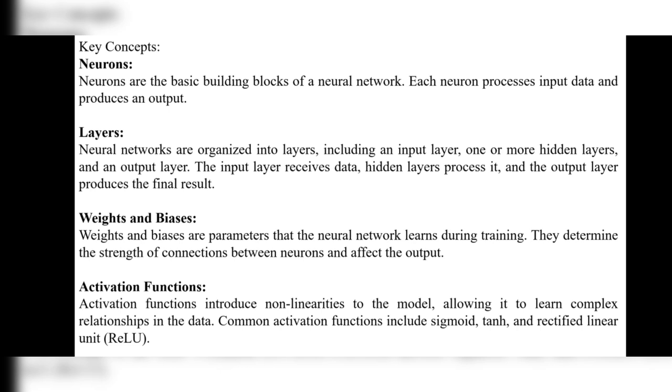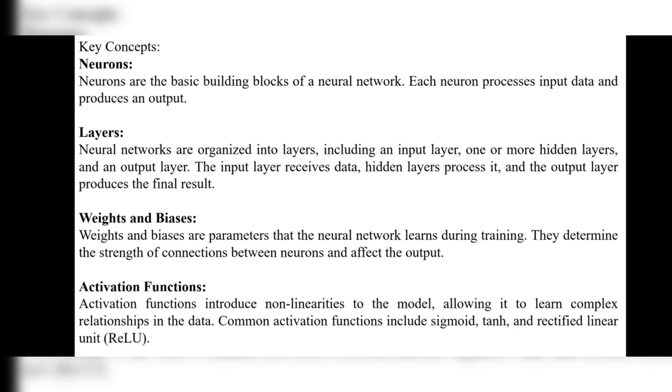What are layers? Neural networks are organized into layers including an input layer, one or more hidden layers and an output layer. Mainly a neural network consists of 3 layers, that is input layer, one or more hidden layers and output layer. Okay, the input layer receives the data, hidden layers process it and the output layer produces the final result.